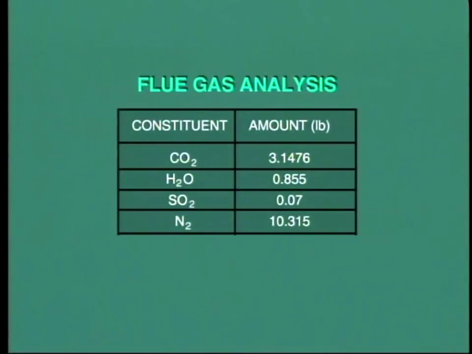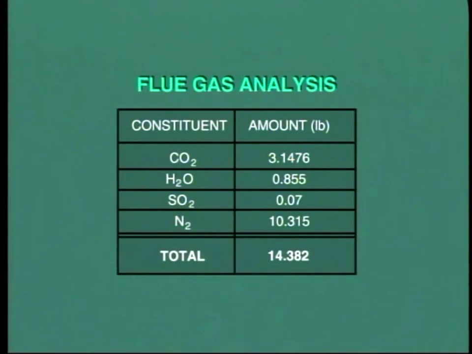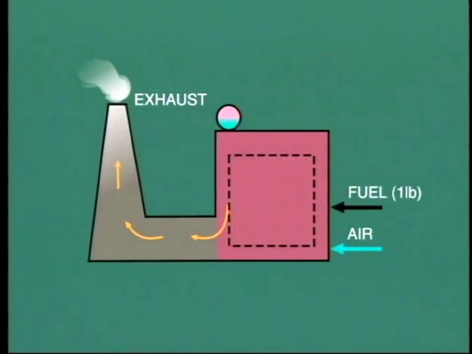Now remember, these values represent the weight of the different gases produced for each pound of fuel burned. Adding this together, we find the total comes to 14.382 pounds. And what did we put into the boiler? Well, first, for each pound of fuel, only 0.992 pounds entered into combustion.